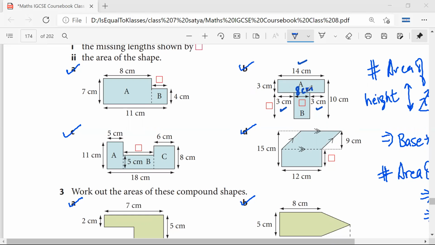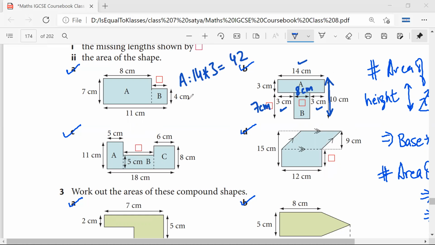On the right side it is 10 centimeter, and on the left side it's 3. So to make it 10, I subtracted 10 minus 3, so it would be 7 centimeters. Great. Then to find the area of the A part, I did 14 into 3, so it would be 42 centimeters square.